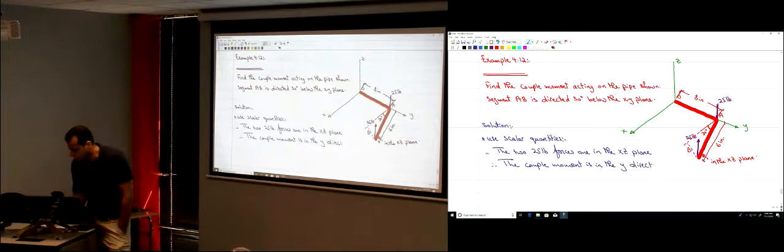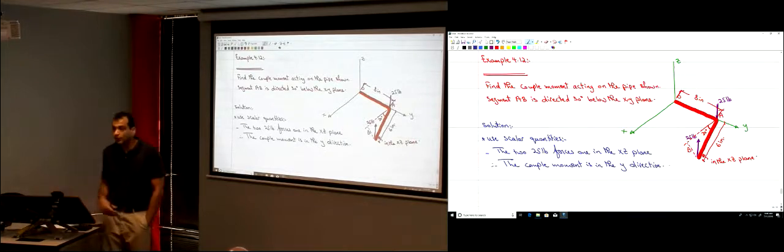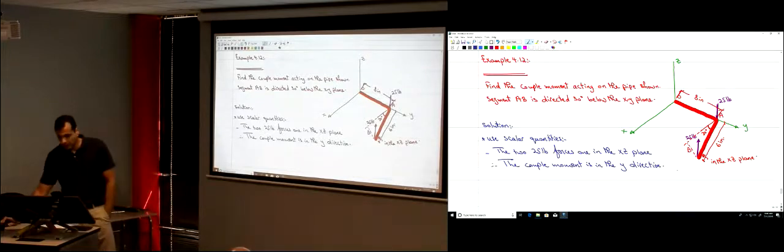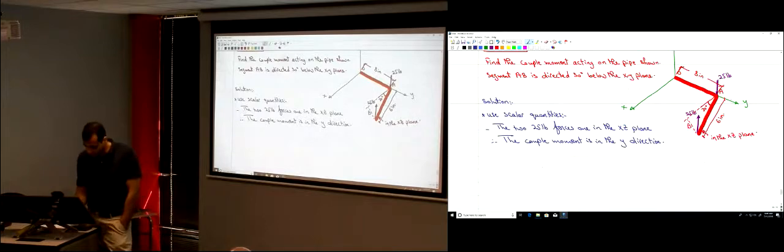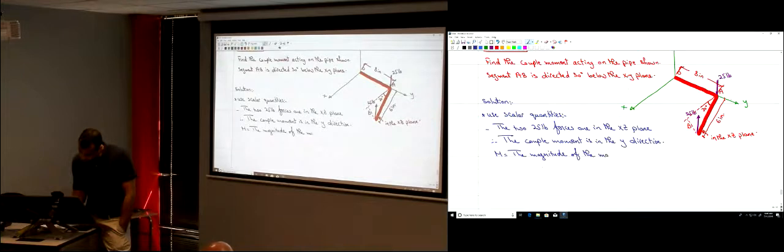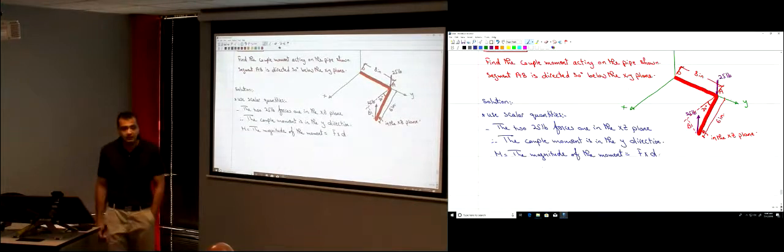It's a moment about the Y axis. So I know the direction. What about the magnitude? M, the magnitude of the moment, is equal to the force times d, the separating distance d.